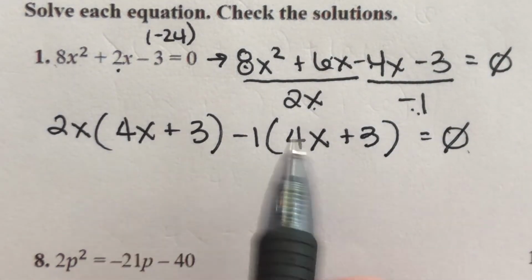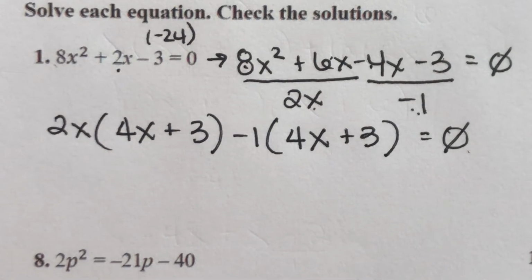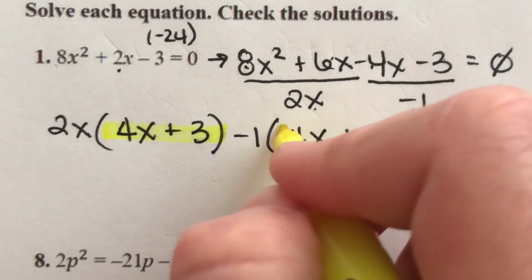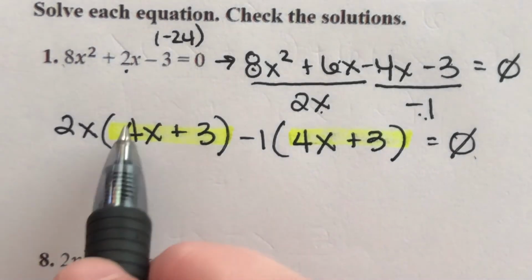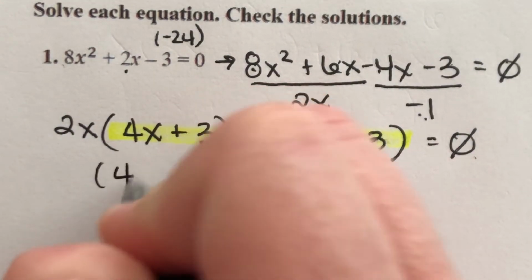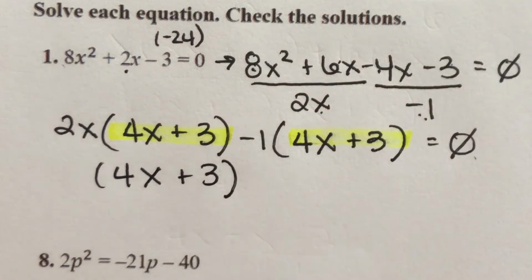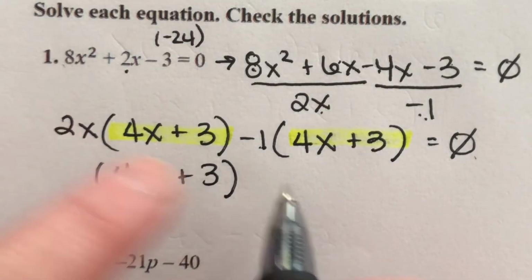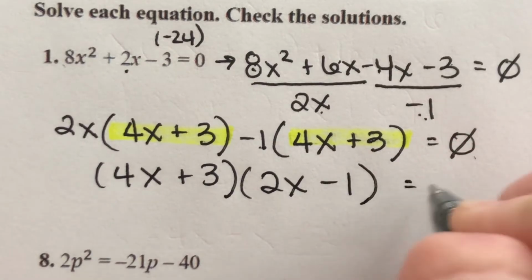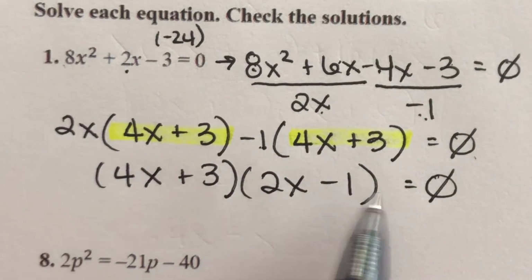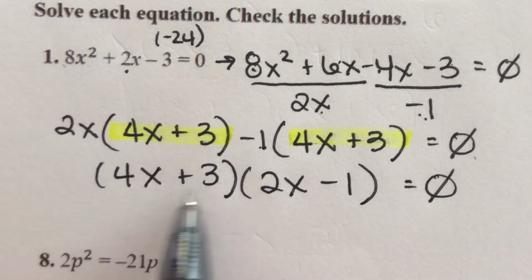And then my parentheses match, right? Just like we did in the front, we're still factoring. We haven't started that extra solving step yet. So I'm going to rewrite this, the repeated part first, 4x plus 3. And then I'm going to pull out those leading coefficients and put them together: 2x minus 1, and all that's equal to 0. So now we're at this step, and all we're going to do is set each parentheses equal to 0.